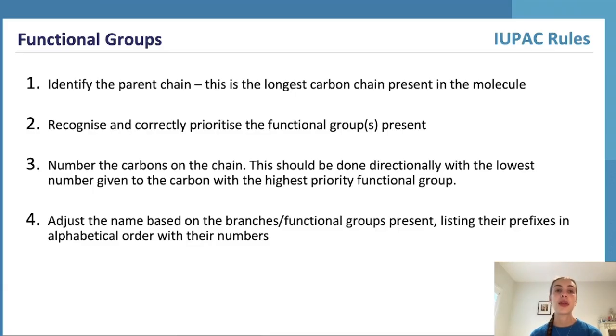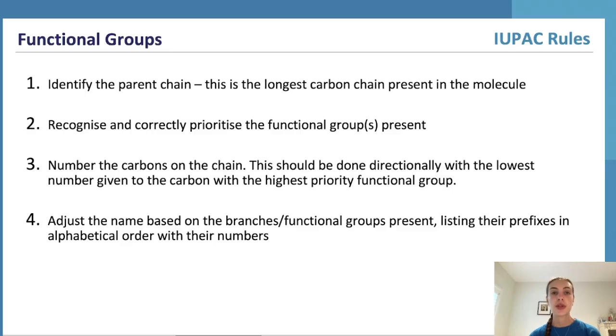So if we have a methyl group on the second carbon, we'd have to name it 2-methyl and then the rest of the chain. If we had a methyl group and an ethyl group, as we're naming them in alphabetical order, we have to put the ethyl group before the methyl group.